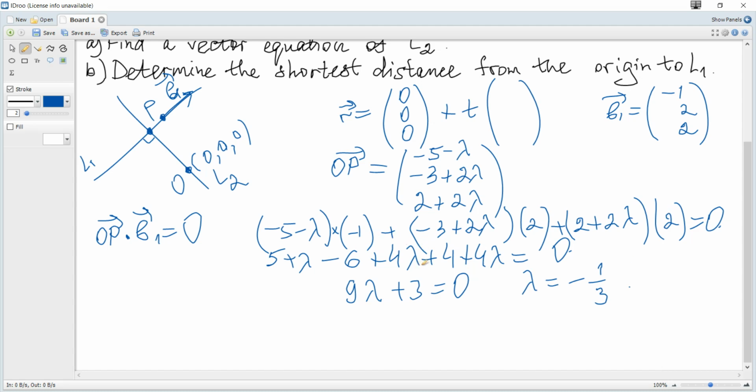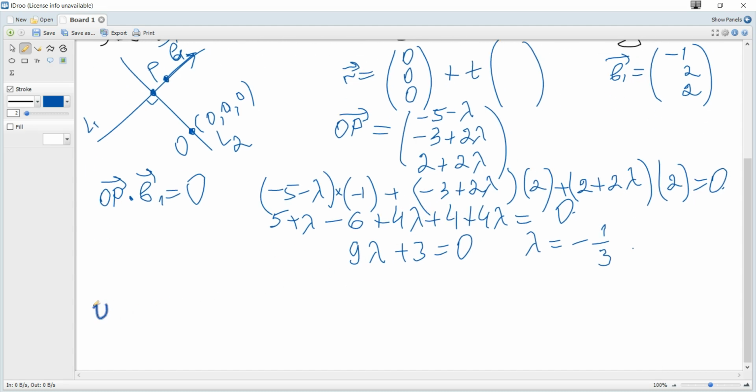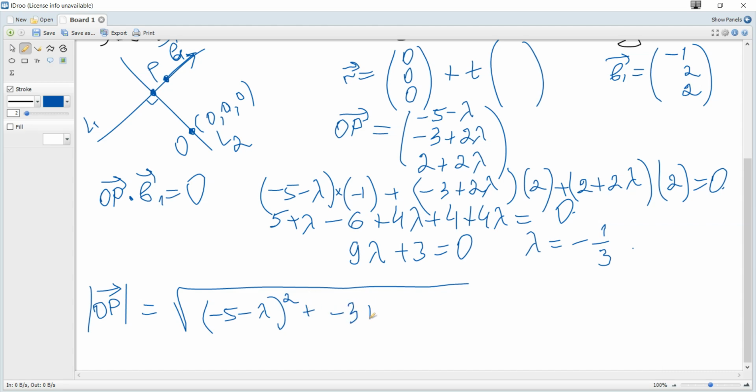Also, lambda can be found if we consider distance OP as the distance between 2 points, or the magnitude of vector OP. It's the square root of the sum of squares of coordinates of vector OP, so it's (-5 minus lambda) squared plus (-3 plus 2 lambda) squared plus (2 plus 2 lambda) squared.